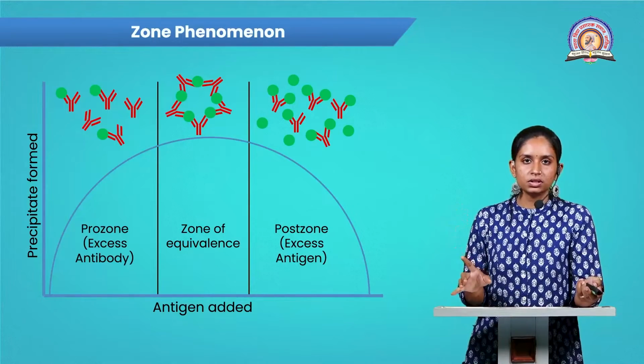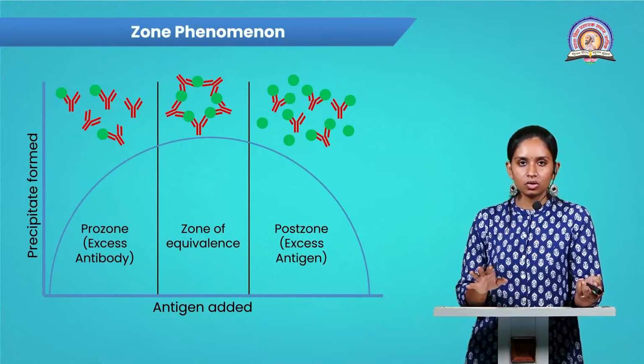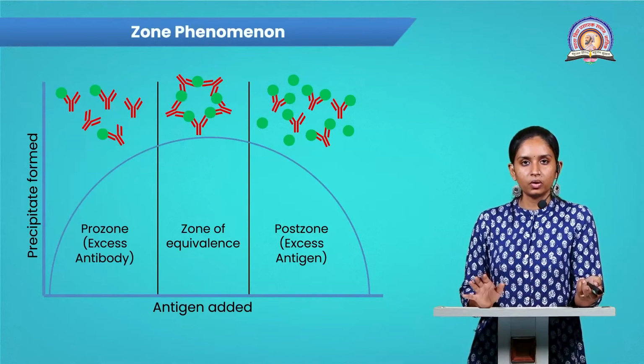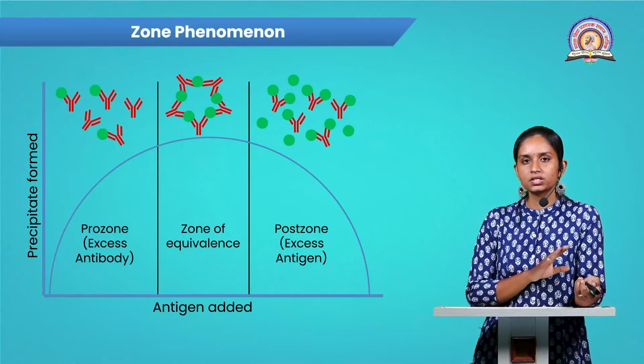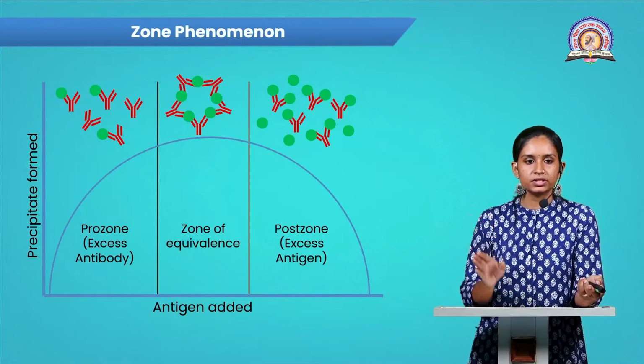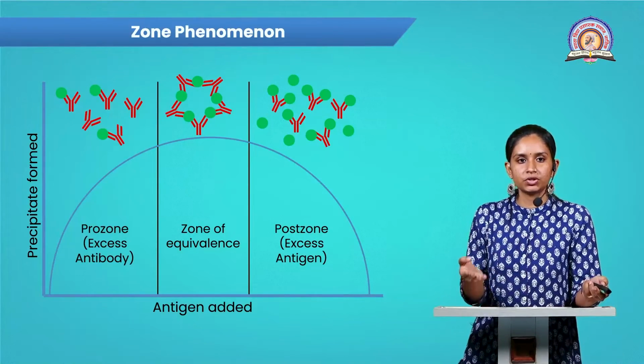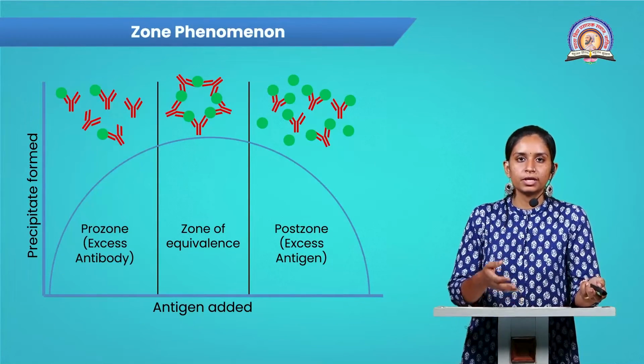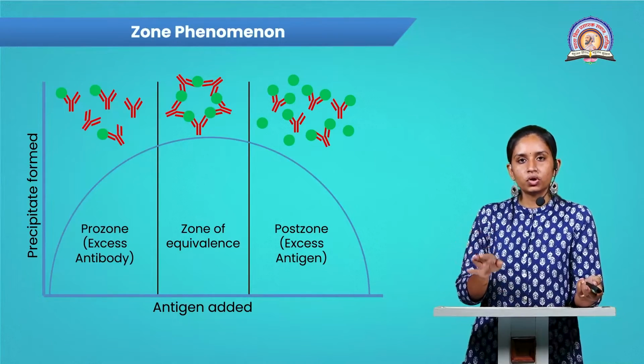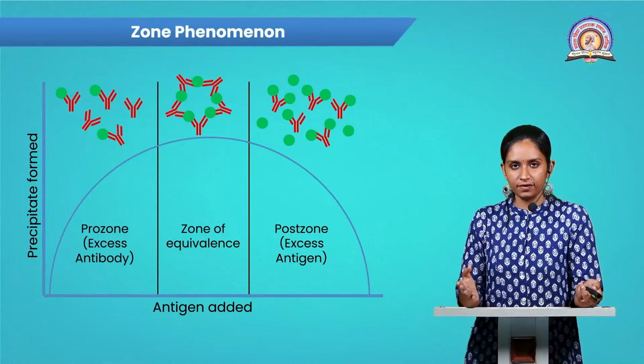So in this region precipitation has not occurred, cross linking has not occurred, and the lattice is not formed. This region is called the prozone, and inhibition of precipitation due to the excess of antibody in this region is called the prozone effect.